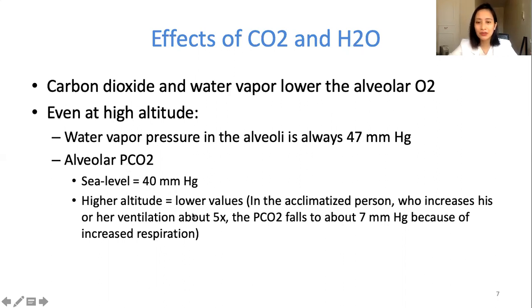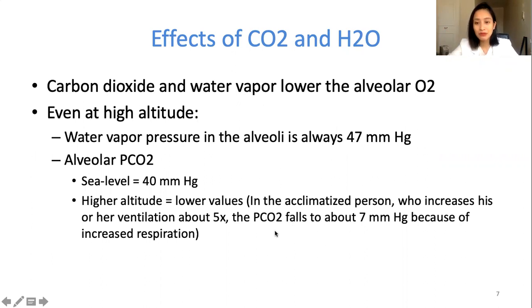At higher altitude, it becomes lower because of the decrease in the barometric pressure. In the acclimatized person who increases his or her ventilation about 5 times, the PCO2 falls to about 7 because of increased respiration. The increased respiration enables the person to blow off a lot of the CO2.